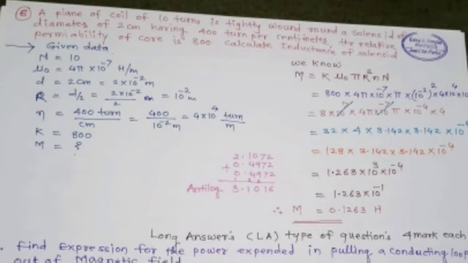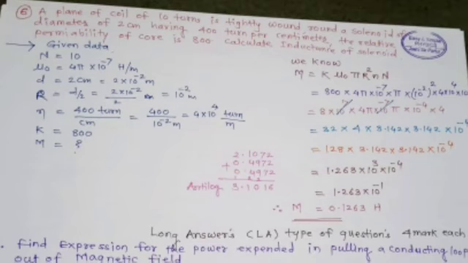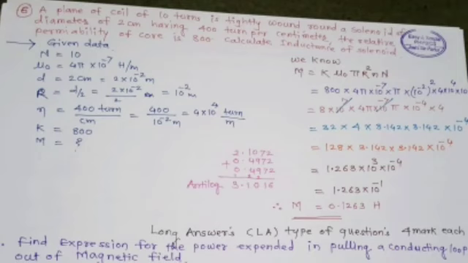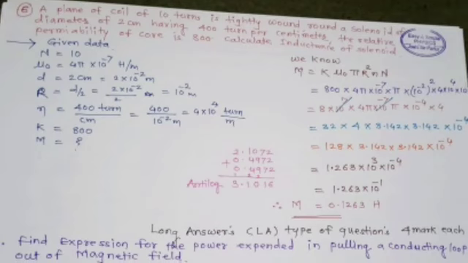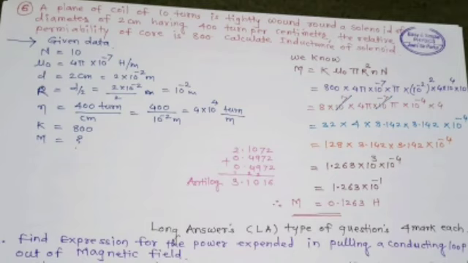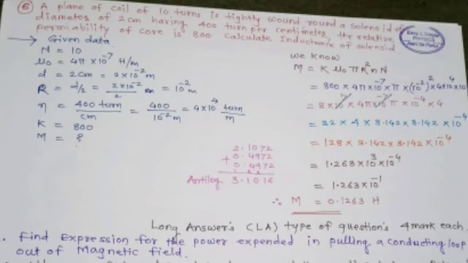So, here the answer will be, given data: number of turns capital N equal to 10. Mu 0 equal to 4 pi into 10 raised to minus 7 Henry per meter. Diameter equal to 2 centimeter, which is equal to 2 into 10 raised to minus 2 meter.